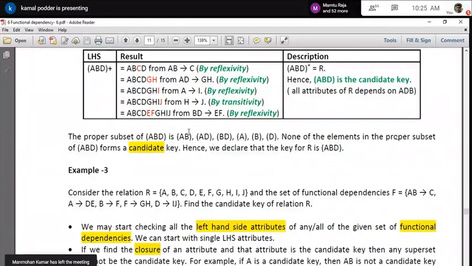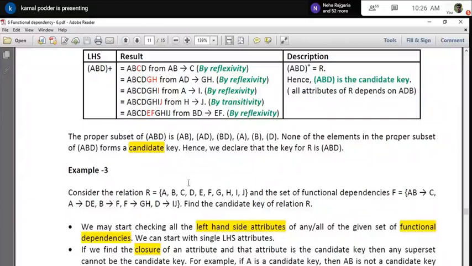Okay, now for every subset you have to check the closure of that subset. If you find that any subset includes all the attributes in its closure, then you should say that is the candidate key, or maybe more than one also. Okay, candidate key.